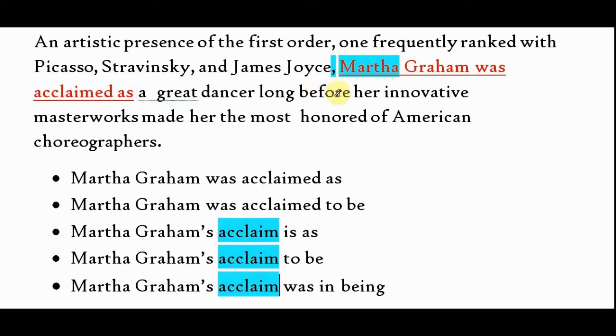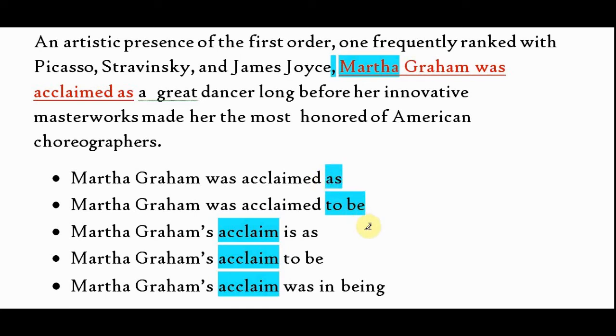So after that it says Graham was acclaimed to be a great dancer or as a great dancer. Whenever we use to plus be, we expect something for the future. But here, because it wants to say that she is equal to these people, as should be used, not to be.